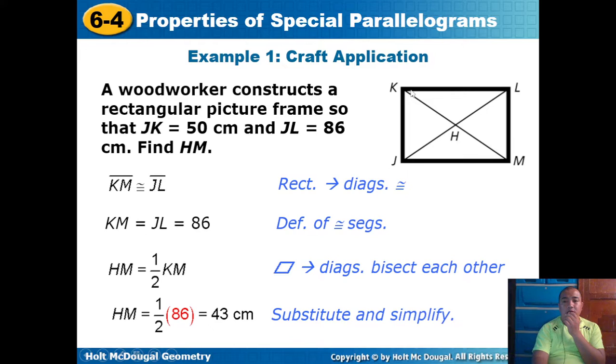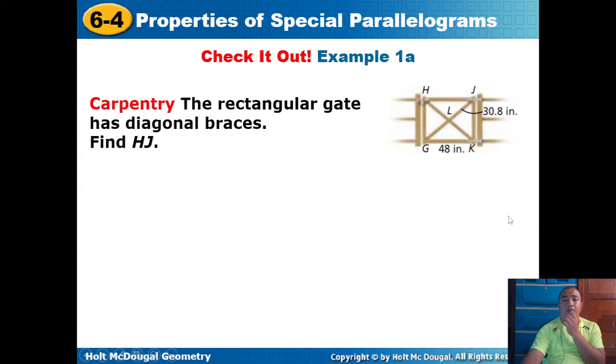JL is 86, so KM is also 86, by definition of congruent segments. In a parallelogram, diagonals bisect each other, so HM is 1/2 KM. Half of 86 is 43 cm.